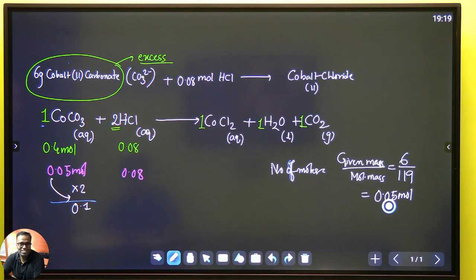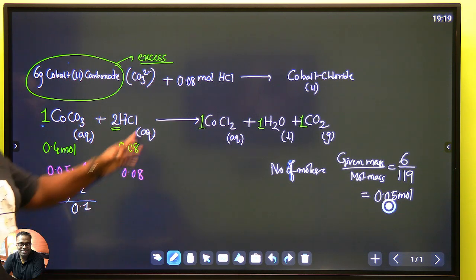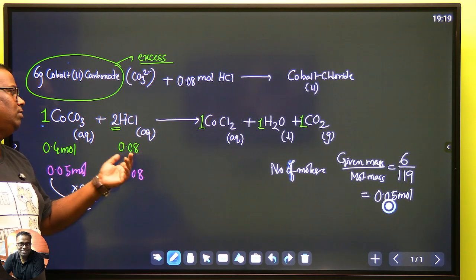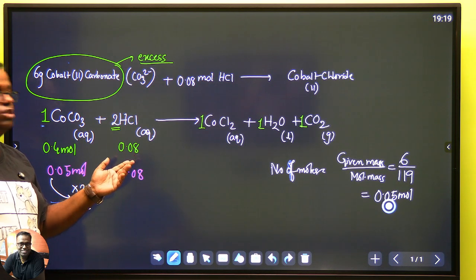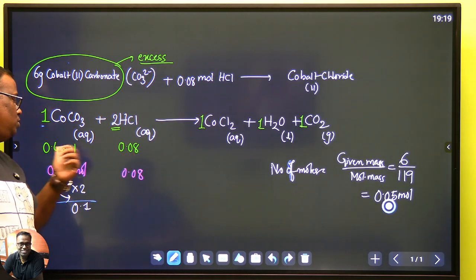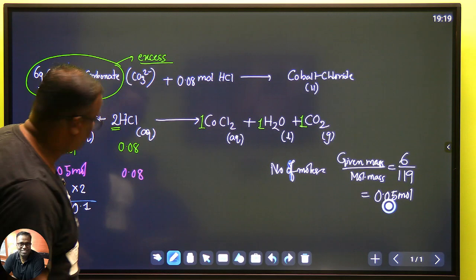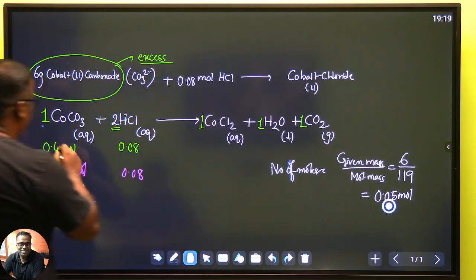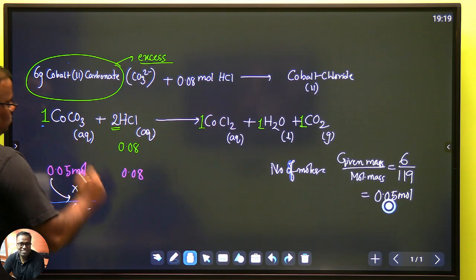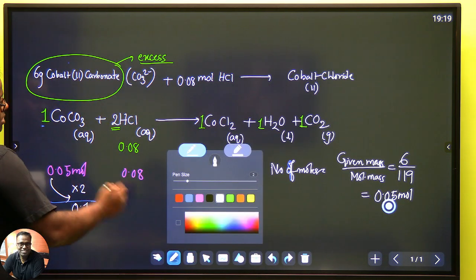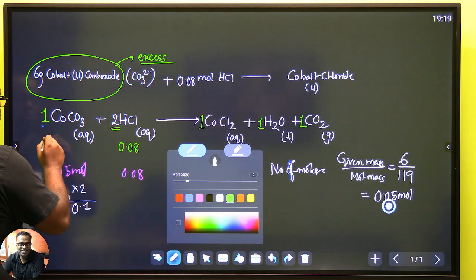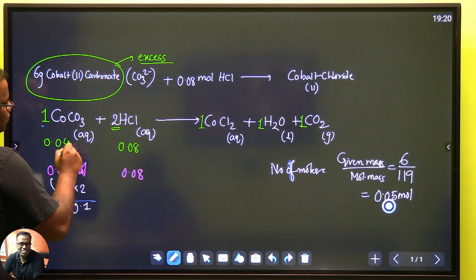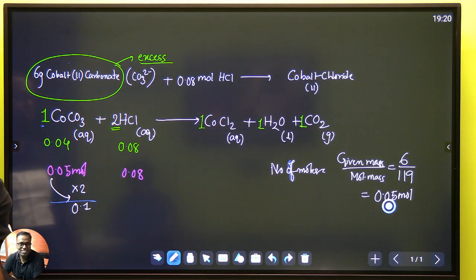Is this much clear or not? That means in our question the moles of HCl we are given is 0.08. So 0.08 will react with how much? 0.04. Again, this is also wrong. One minute. This is 0.04, just half of this. 0.08 will react with 0.04.